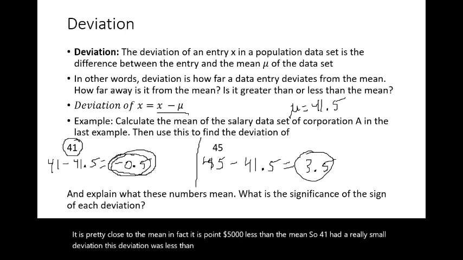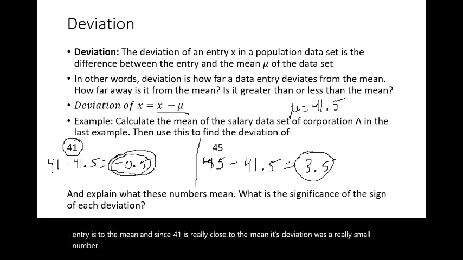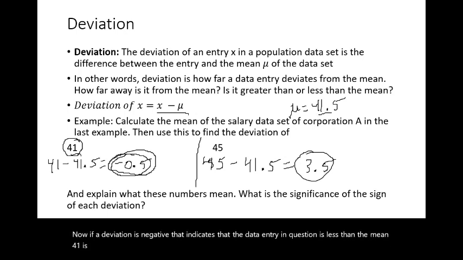The smaller the deviation, the closer the data entry is to the mean. Since 41 is really close to the mean, its deviation was a really small number. If a deviation is negative, that indicates that the data entry in question is less than the mean. 41 is less than the average, 41.5, so that's why its deviation came out negative.